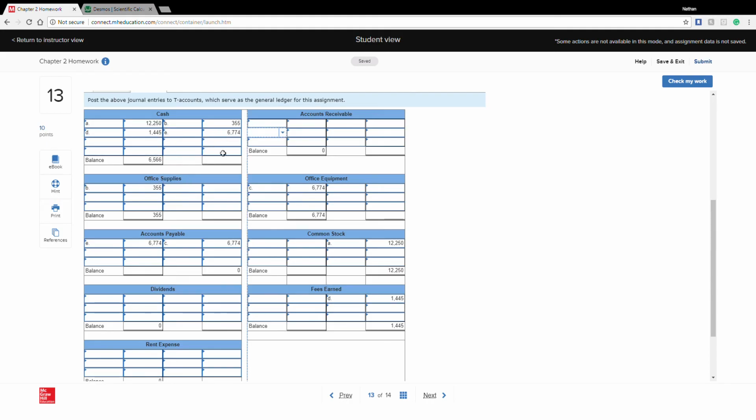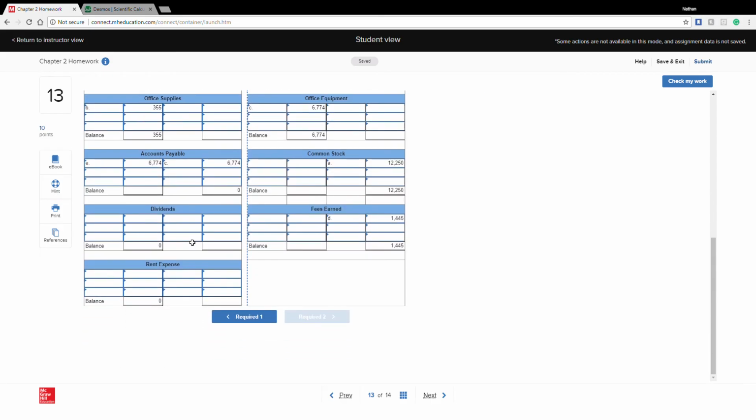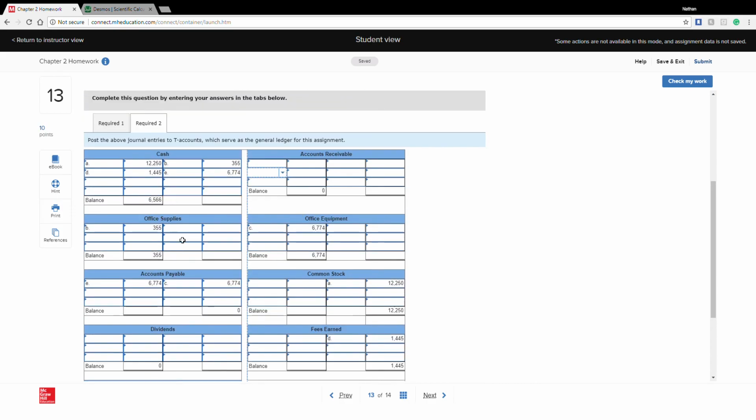So just keep doing that, just follow down the list. Again, if you have a problem, make a screenshot and I'll be glad to explain a little bit more. But the key thing is just basically match up to exactly what you have on the general journal.